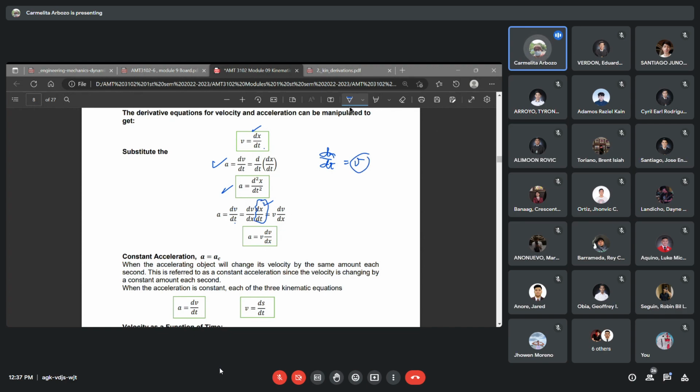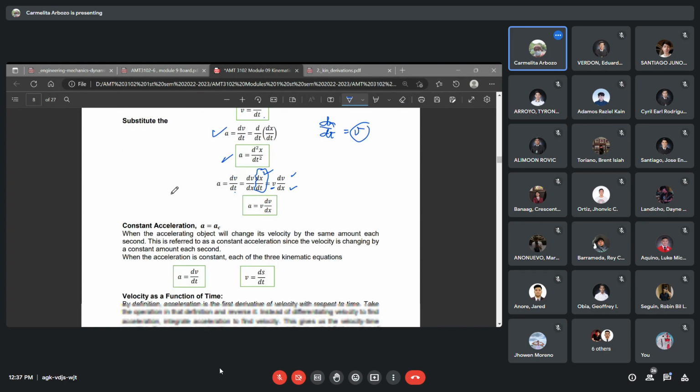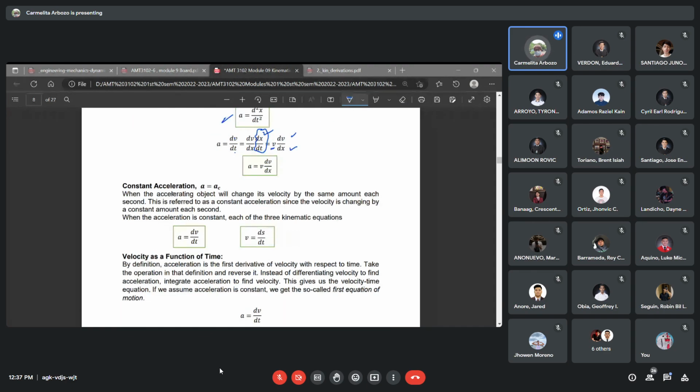So, pwede rin natin isulat na acceleration is equal to velocity times the derivative of velocity over dx. So, we can have another formula. In terms of derivatives, acceleration is equal to velocity times the derivative of velocity over dx.